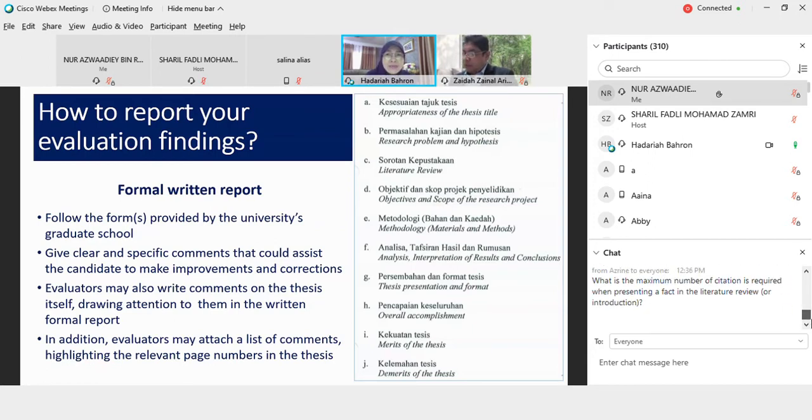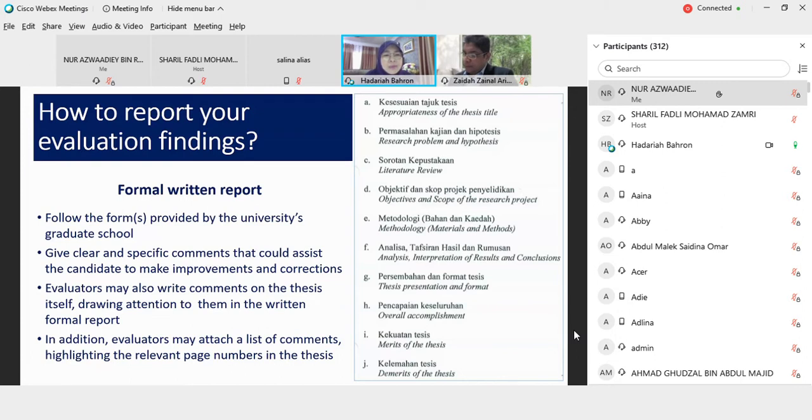And after I've finished the whole thesis, I would have probably a few pages full in my notebook, and I'm going to sort out my little handwritten notes into a formal written report.